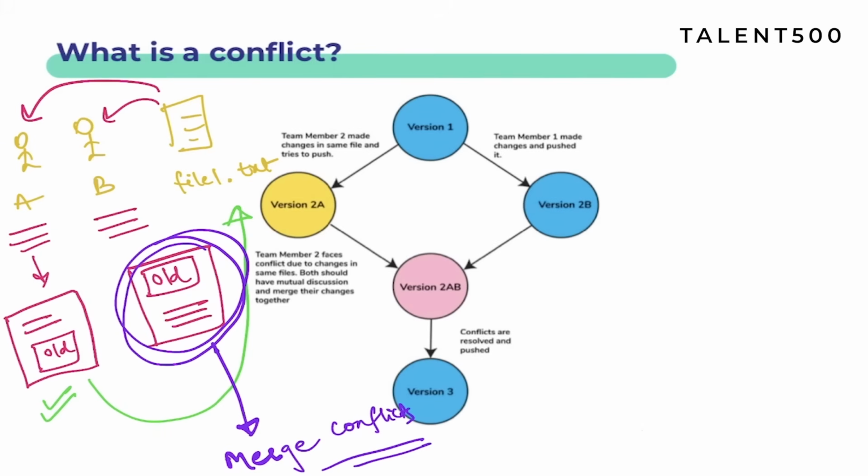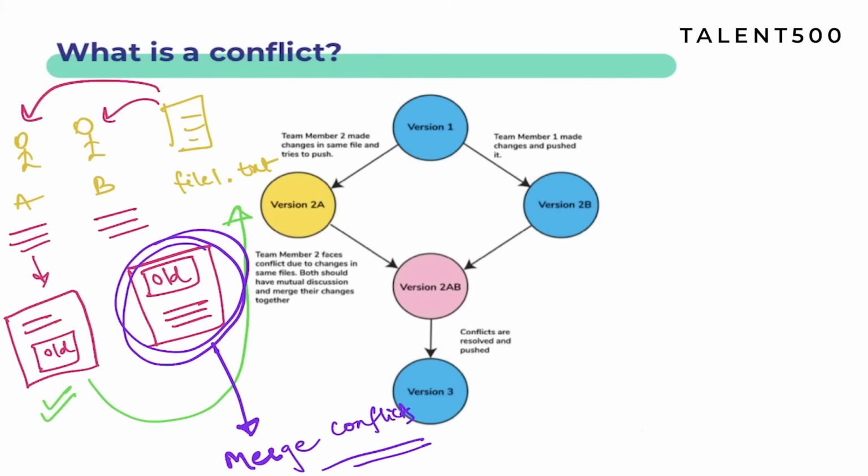Now, when you talk about Git, Git is very good at handling conflicts. Certain things Git is going to address on its own. Git actually provides you the feature of merging automatically. But sometimes it becomes very difficult for Git to merge the changes automatically. There may be conflicts, and what kind of conflicts can there be?